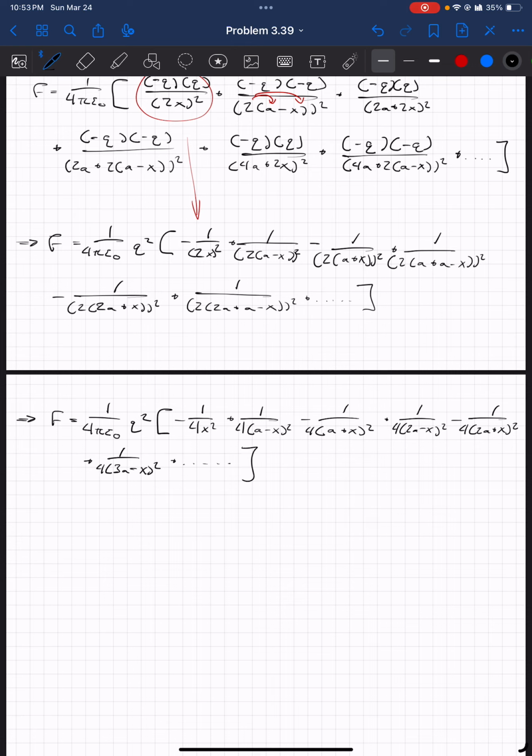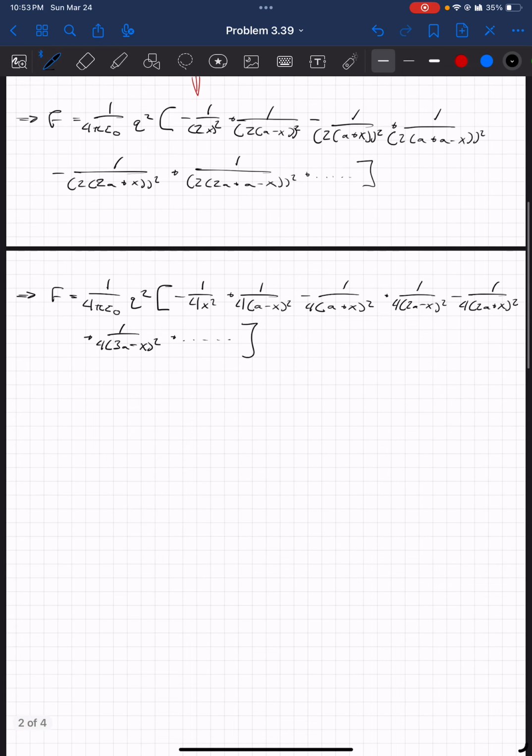And at this point, you may be observing sort of a pattern. But before I point it out, I'm going to pull the 4 out from each denominator.